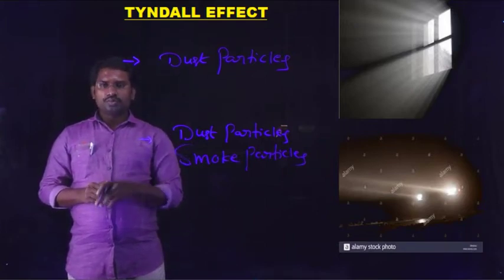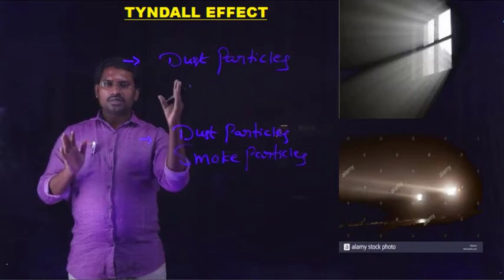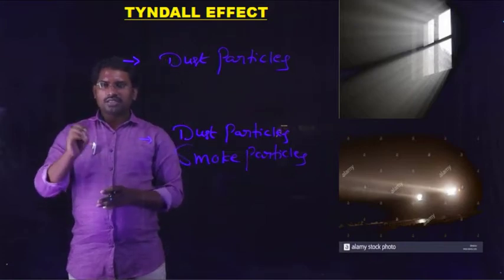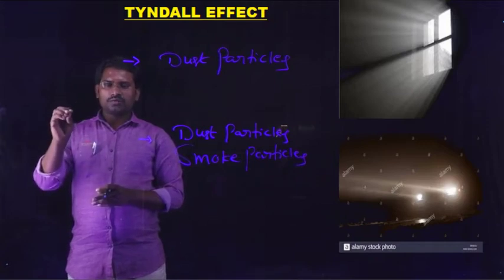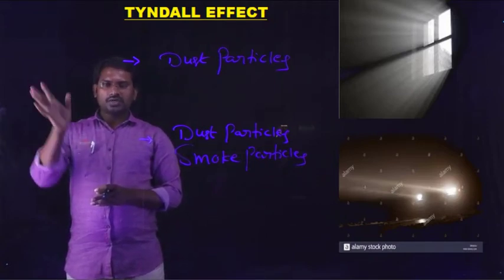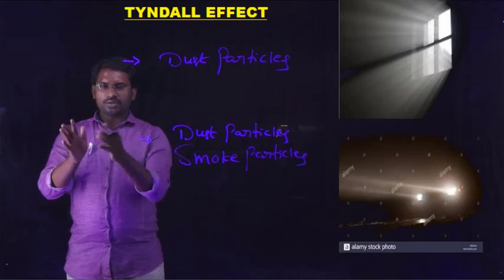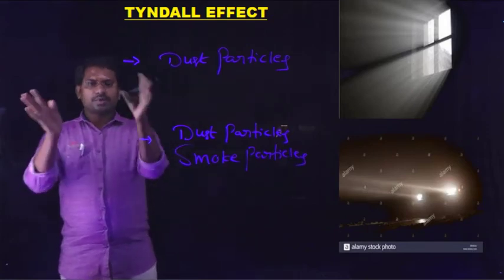Another live example I mention here: why does the sky appear blue? Generally, when we look at the sky, it always appears blue. But that is not a true color for the sky. It appears so only because of the scattering of the light by the dust particles present in the air.